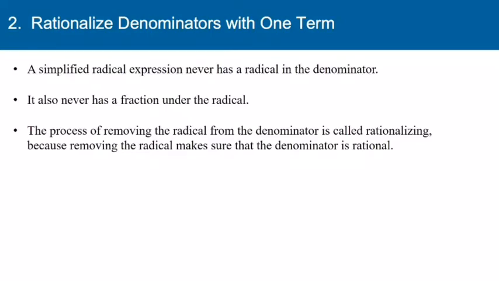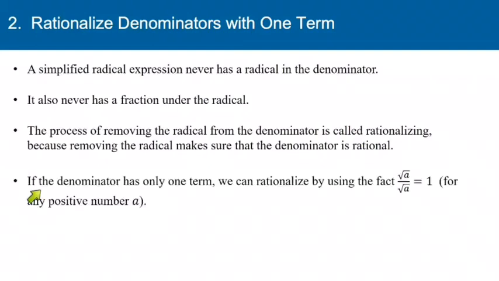Because remember, if a radical can't be simplified away, then that radical represents an irrational number. So the process of removing the radical from the denominator is called rationalizing, because we end up with a rational number in the denominator. Now, if the denominator only has one term, then we can rationalize by using the fact that any radical divided by itself is 1. So let's see how that works in the next example.